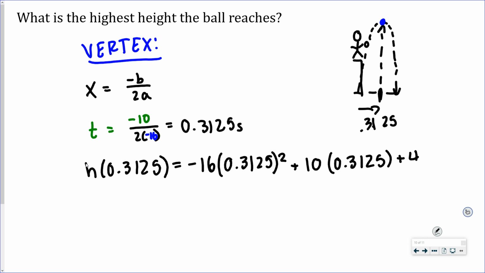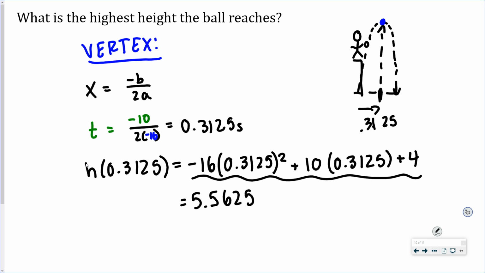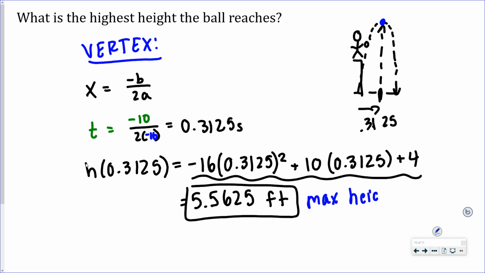Plus 4, plus that initial height. Okay, I would type it in exactly like this, parentheses and all, and I got 5.5625 feet. So that would be the max height at 0.3125 seconds.